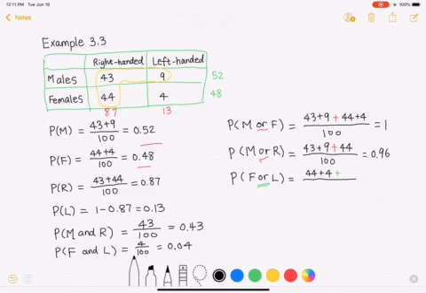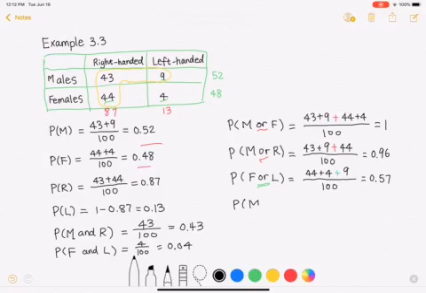We have already counted the 44 and the 4, so we didn't count the 9 yet. So we put the 9 there, and then divide by 100. Again, use a calculator: 48 plus 9 is 57, divided by 100, so 0.57.